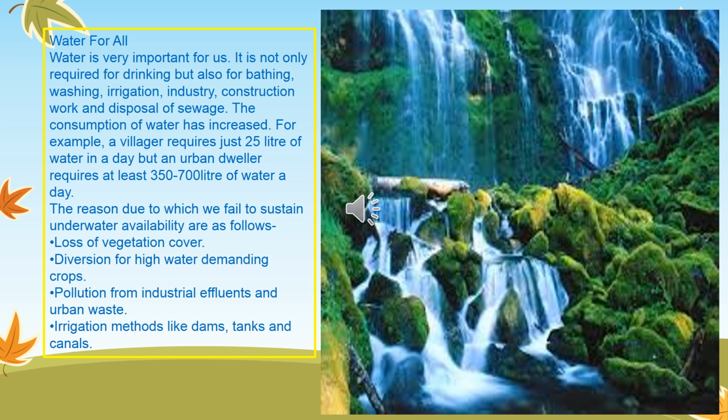Then pollution from industrial effluents and urban waste. Water bodies are polluted by industrial effluents. The waste released from industries and urban waste is converting useful water into polluted water. Then irrigation methods like dams, tanks and canals are also leading to the failure to sustain underground water availability.